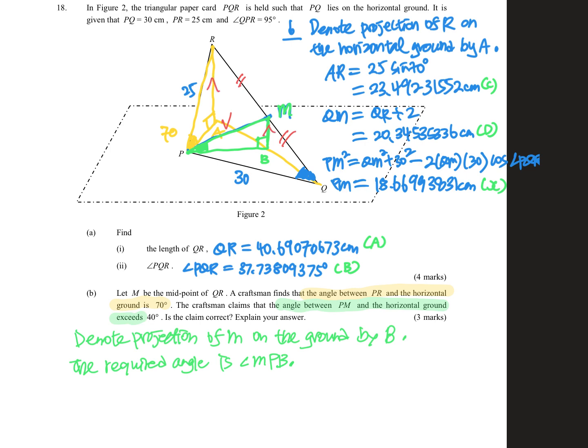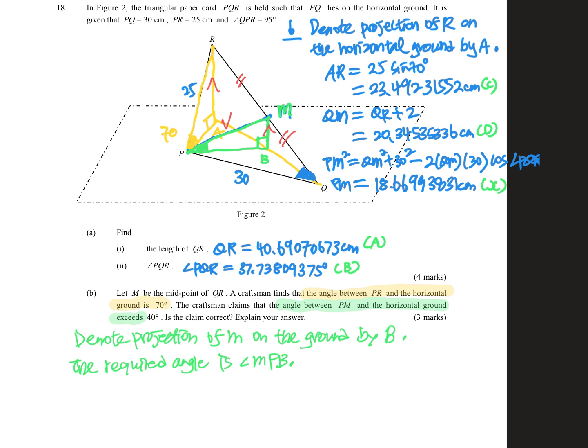So we can make use of the intercept theorem, and the two midpoints: B is the midpoint of AQ, while M is the midpoint of BQ. We can use the midpoint theorem, or just similar triangles and the ratio. So BM just equals AR divided by 2.